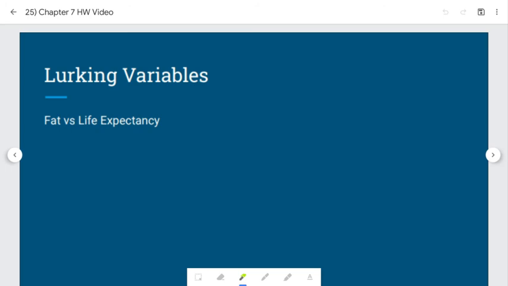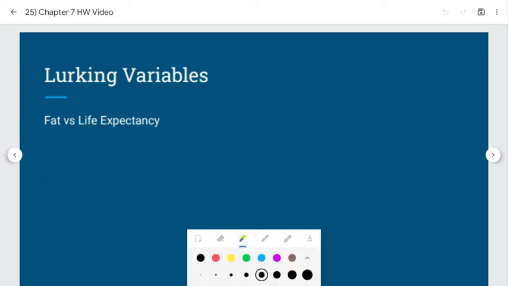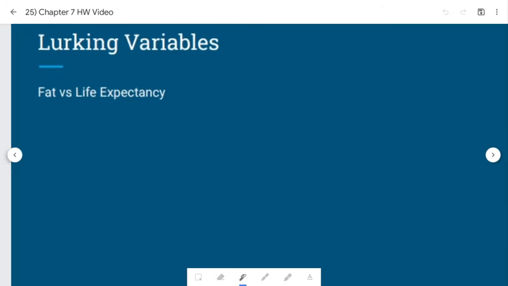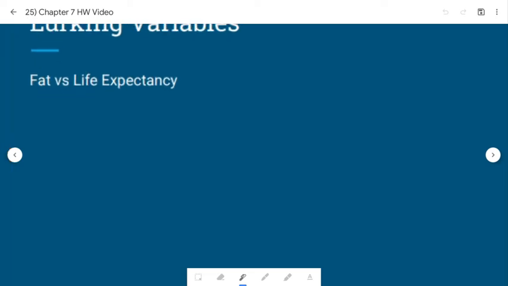Now, additionally, there's something that we need to worry about, lurking variables. In an example, there was fat versus life expectancy. It was saying the amount of fat consumed in different countries. I think it was 40 different countries they looked at, but they took the fat that was consumed and compared it to the life expectancy.